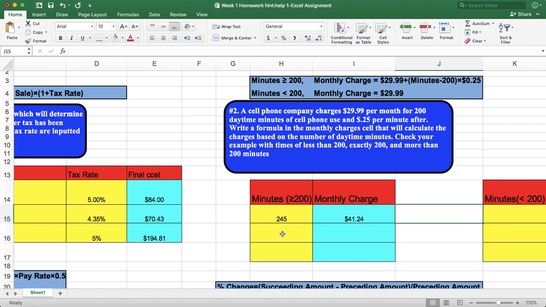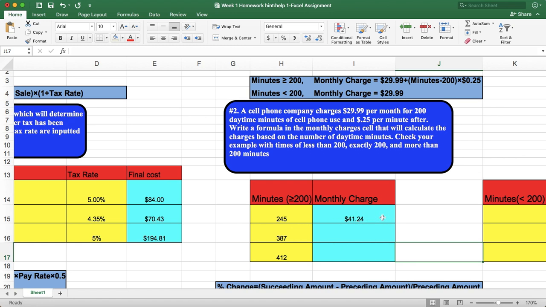So if the monthly minutes is 387, and if the monthly minutes is 412, do we need to write a formula again and again?